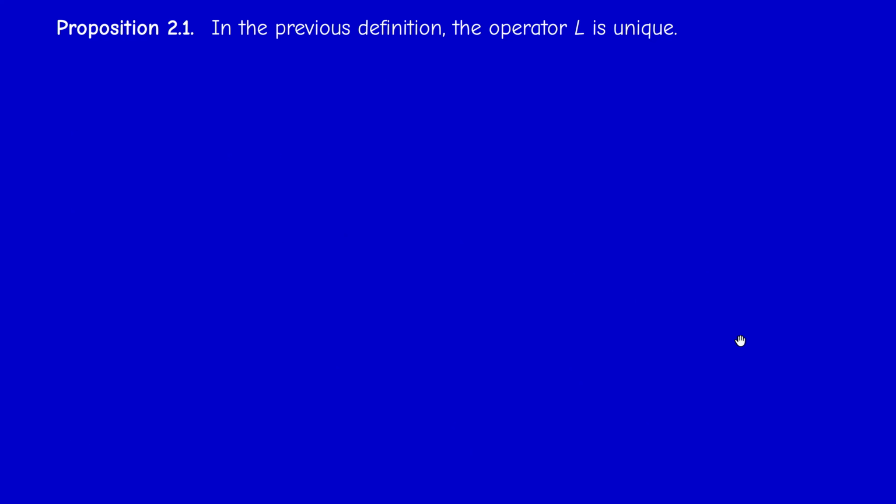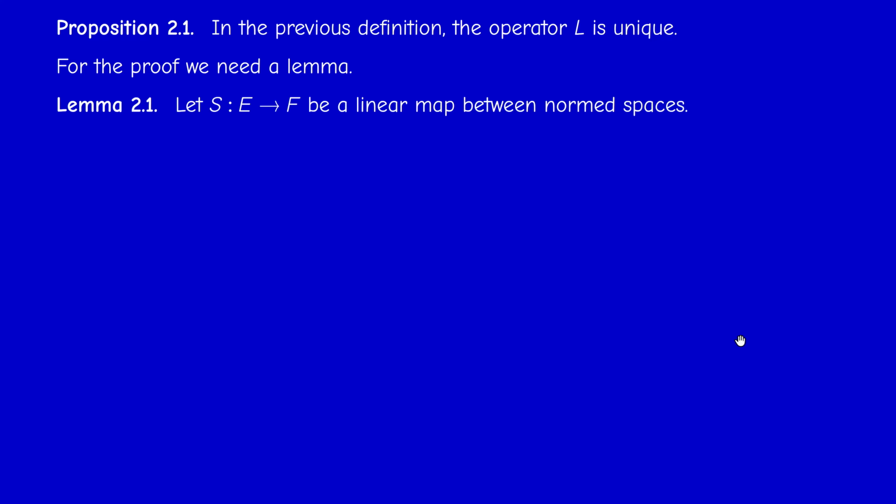Now, why is the operator L unique? To prove this, we need a lemma. If I have a linear map S between normed spaces, and near 0, S of H is a small o of H, meaning that norm of S of H over norm of H tends to 0, then necessarily S is the 0 operator. So of course it's continuous. Okay, good.